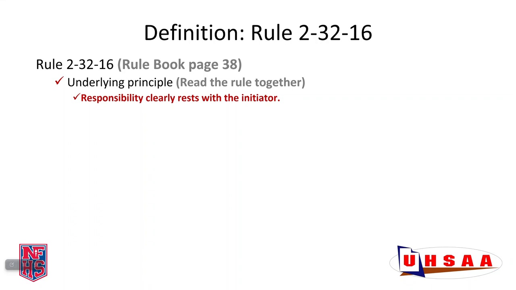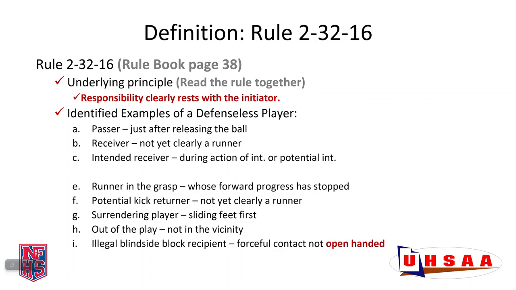That has become clear in recent years and in this new iteration of the rule book. Now, there are identified examples within this rule of what a defenseless player is, and here they are: a passer, a receiver or intended receiver, and you'll notice point D is missing from this list, a runner in the grasp whose forward progress has stopped, a potential kick returner, a surrendering player, a player who is out of the play and not in the vicinity, and the recipient of an illegal blindside block.